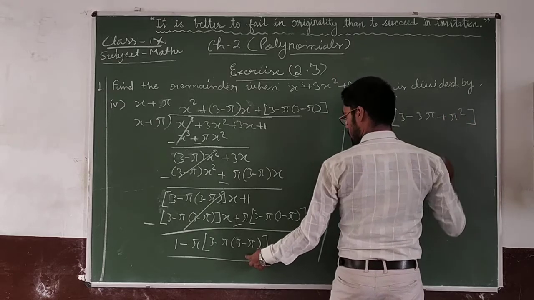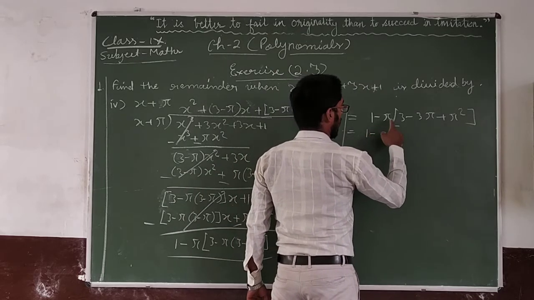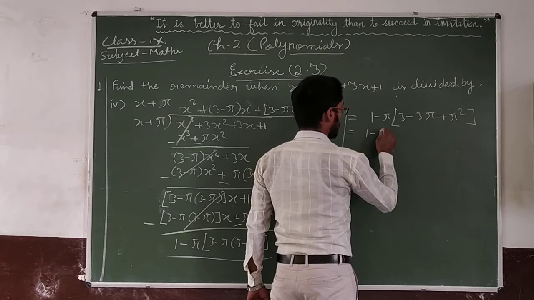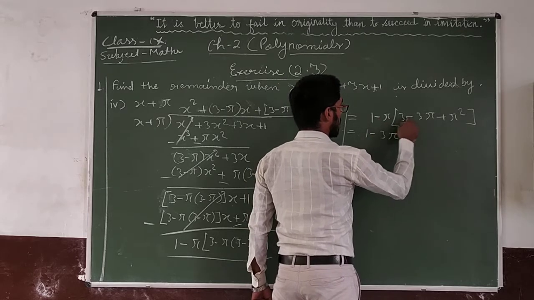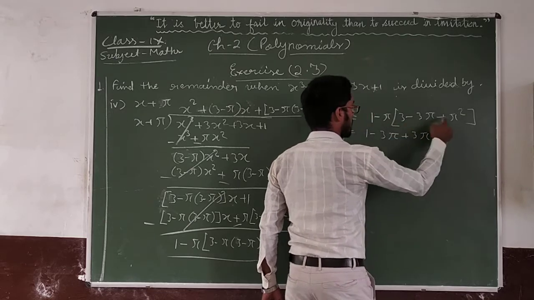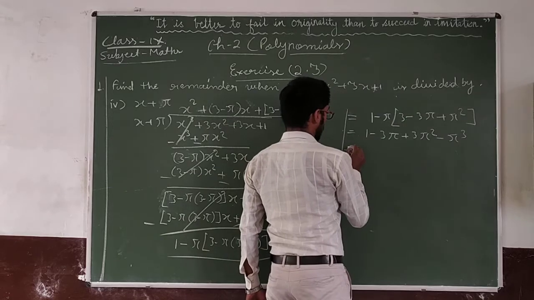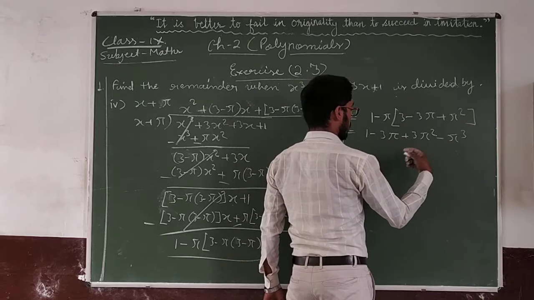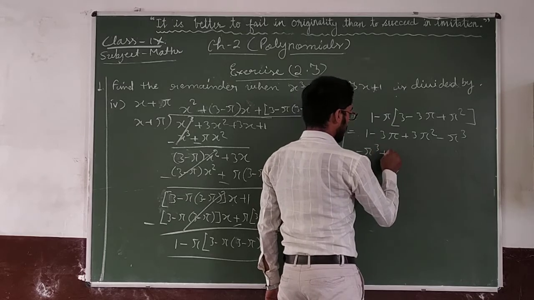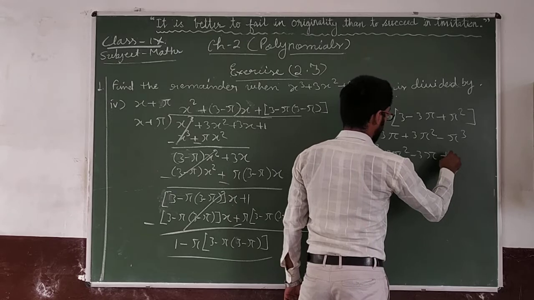Now open this bracket with minus 5: minus plus minus 15, minus minus plus 3 into 25, and minus plus minus 125. You can write it in degree order: minus 125 plus 75 minus 15 plus 1.